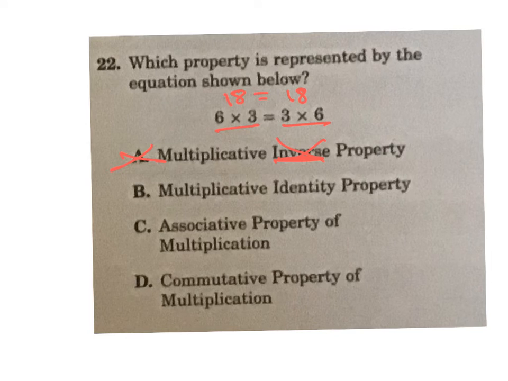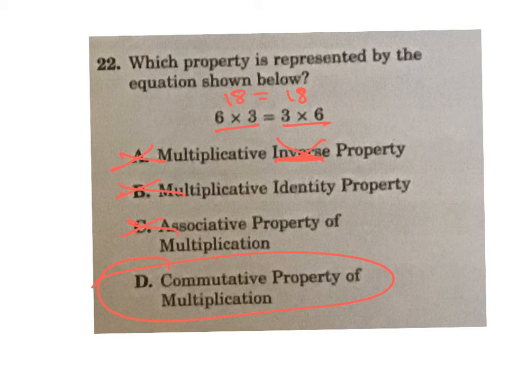Multiplication identity property, we did talk about that. That's anything times 1 is going to be the other number. That's not it. Associative property of multiplication? No, because we're not associating different things with different things. Commutative property of multiplication? It is that one.